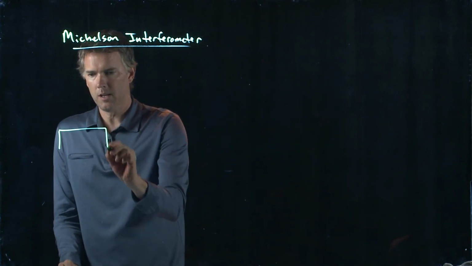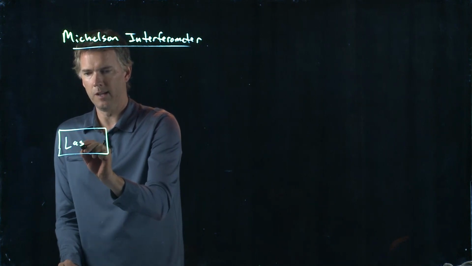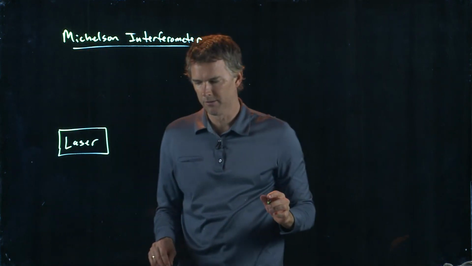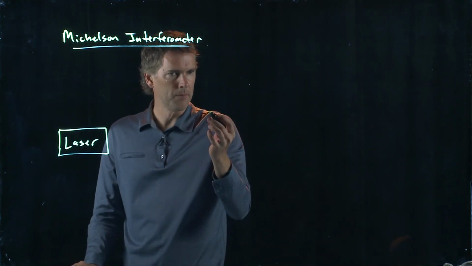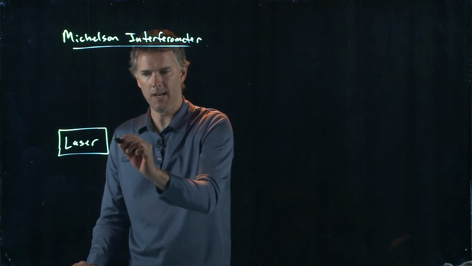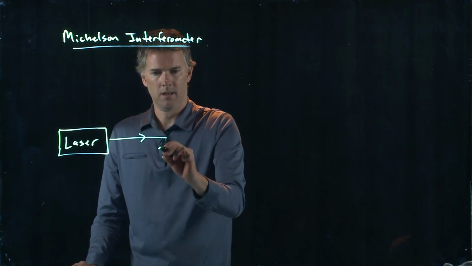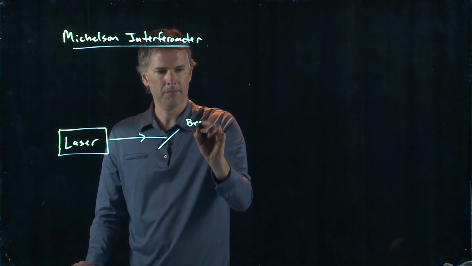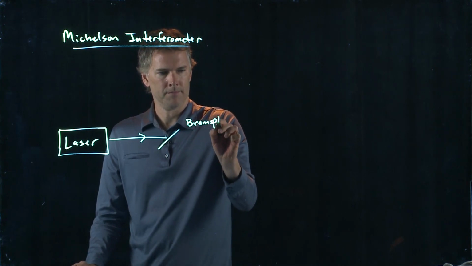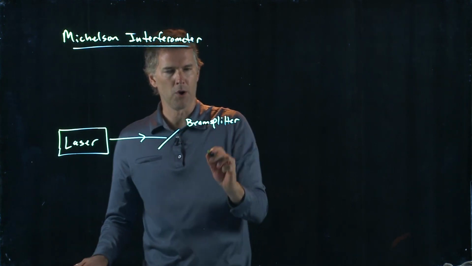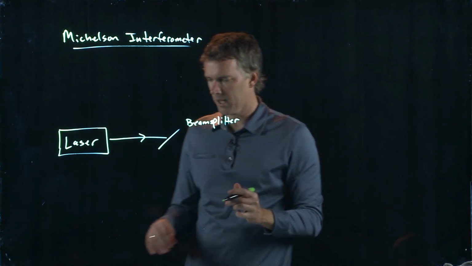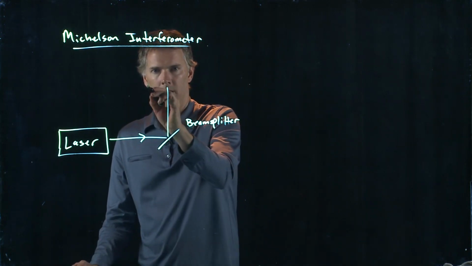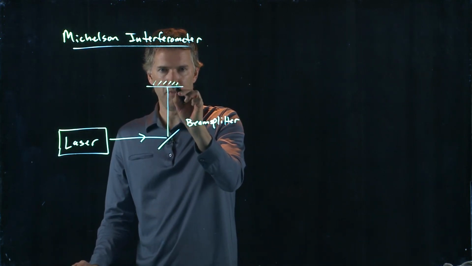So typically you will use a laser in a Michelson interferometer. The original Michelson-Morley experiment, of course, did not. This is a beam splitter, okay, which is a partially silvered piece of glass. Up here we have a mirror.